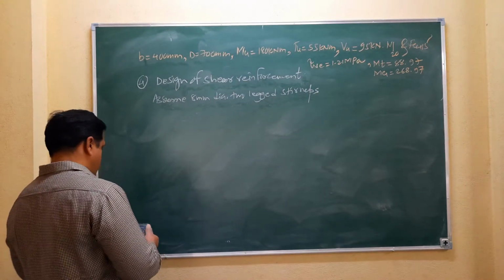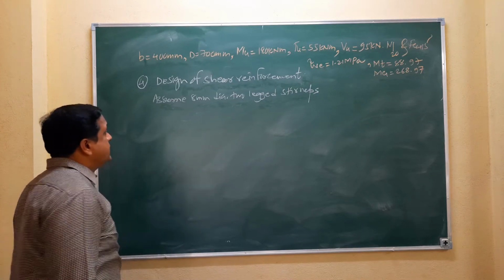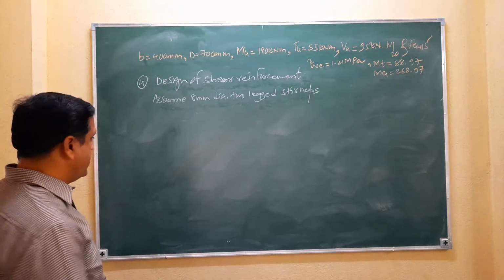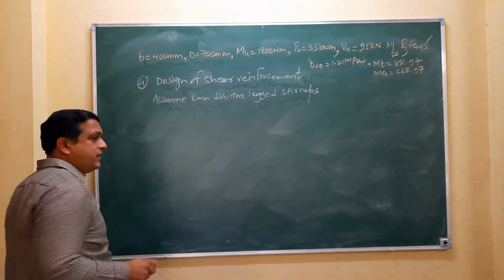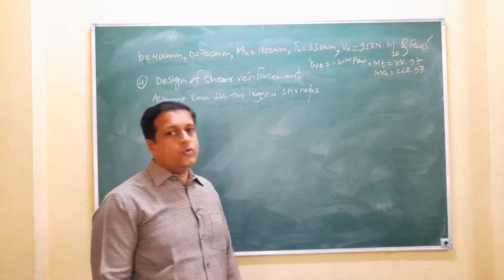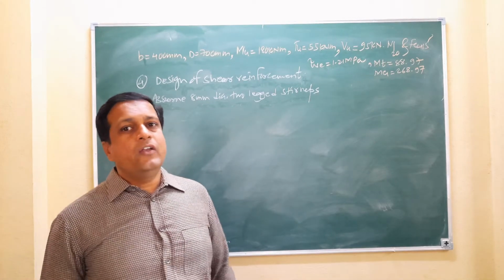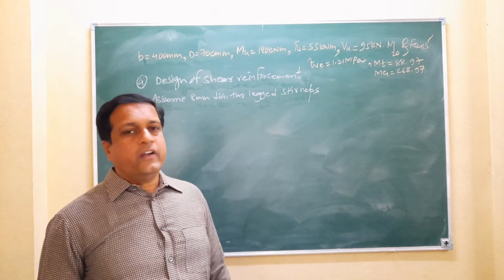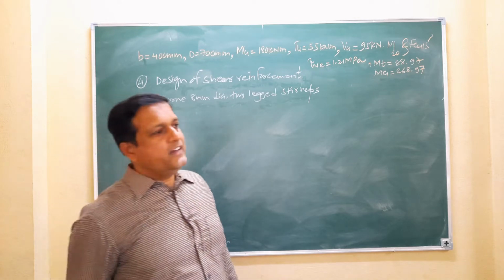Now we require some values, that means spacing. For spacing, we have to use two formulas from the IS code, then check that value whether it should not exceed, and finally decide the spacing.